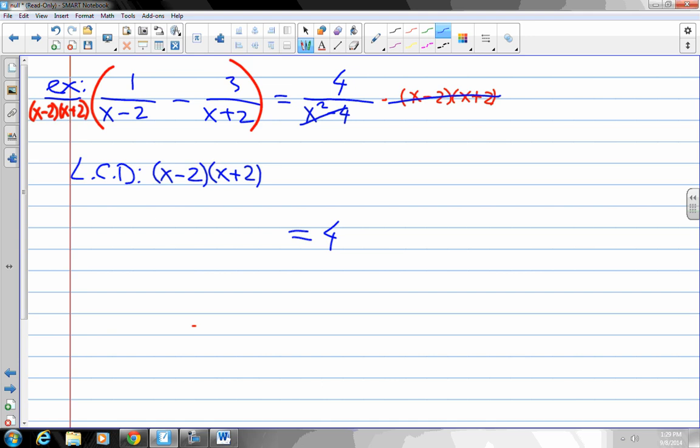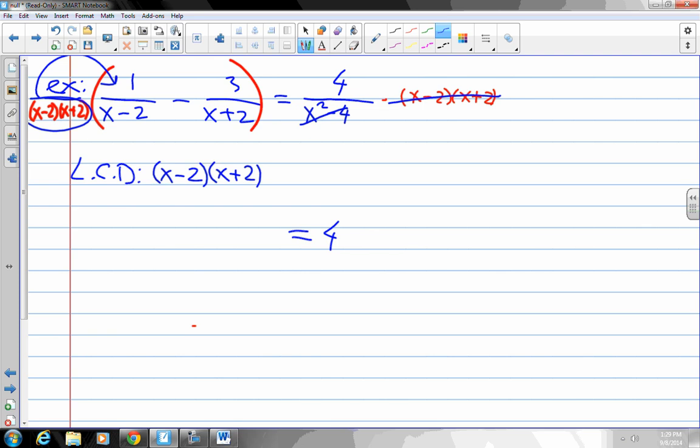Well, now I'm going to distribute through the parentheses. I know it's hard to see, but what I'm doing is I'm multiplying by (x minus 2)(x plus 2), and then I'm dividing by x minus 2. Is something going to cancel? x minus 2 will cancel because I'm multiplying and dividing by the same term.